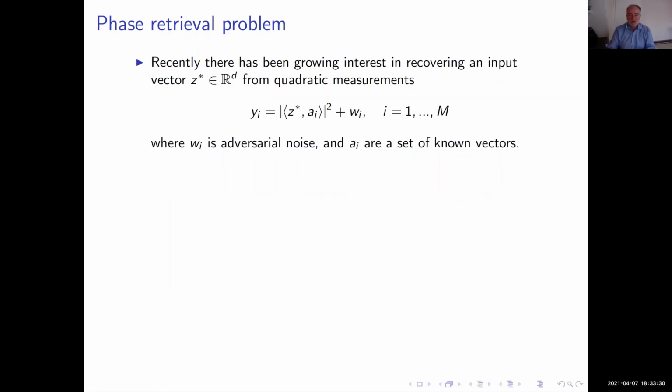And here we have an unknown vector z star that we want to learn by observing the square of the scalar products of this vector against other known vectors, plus a possible adversarial noise, something that is disturbing the measurements. This problem is well known.